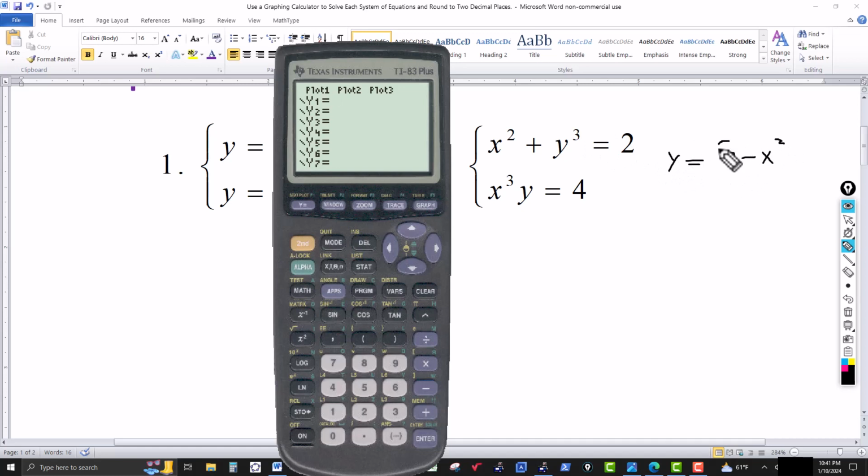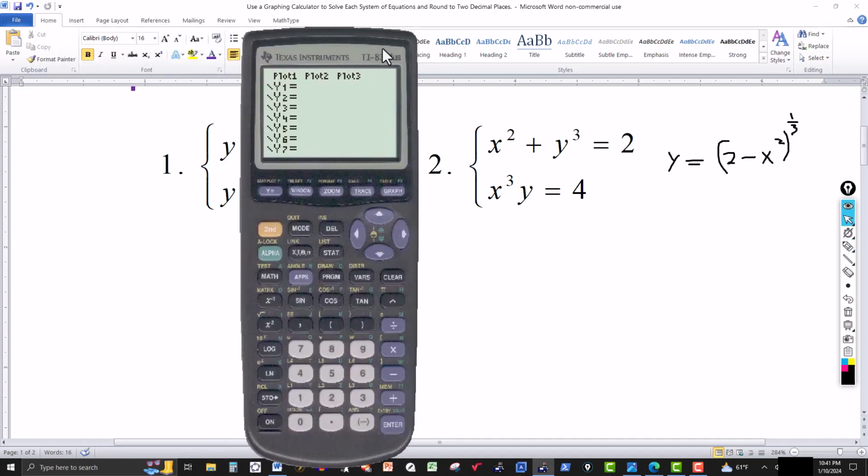But then I take the cube root of both sides. This will just give me y. This will give me 2 minus x squared to the 1/3 power. And then the other one, I solve this for y by dividing by x to the third. So y is equal to 4 over x to the third.